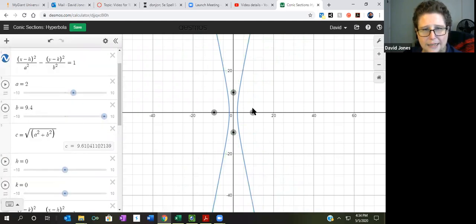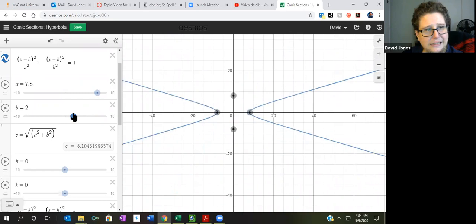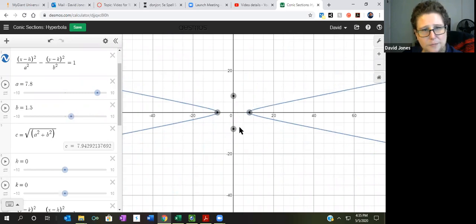So if the way it's opening has the bigger number, it gets really flat. Right now it's opening in the X direction. I'm sorry, if the number with the X, the number with the positive number, is small, it gets really flat like this when the other number is bigger. And when we switch the order of these, now B is small and gets really narrow.